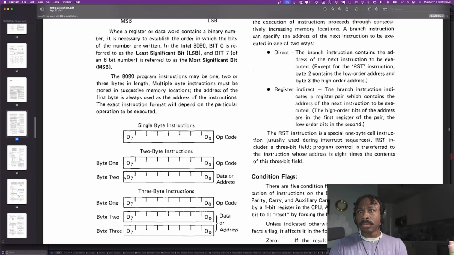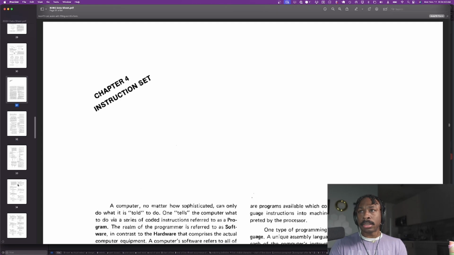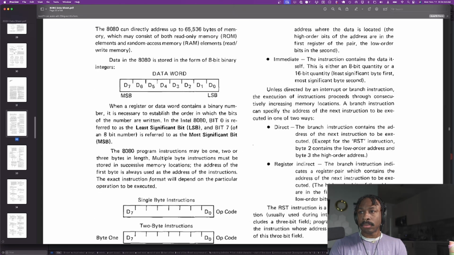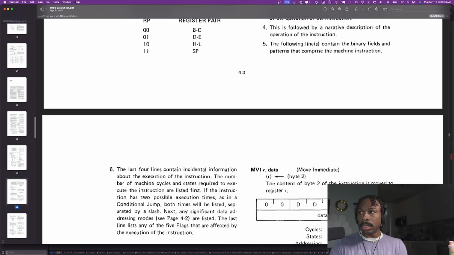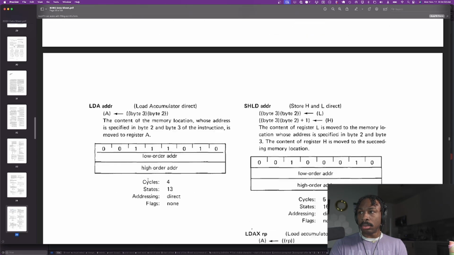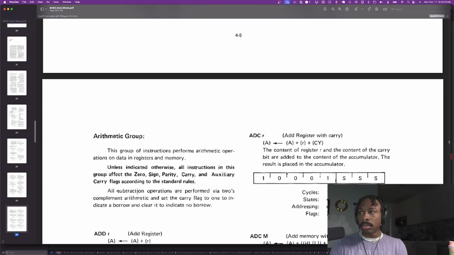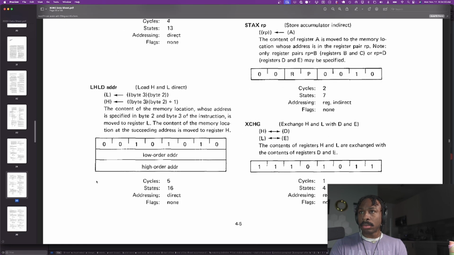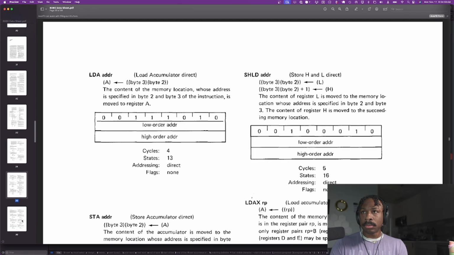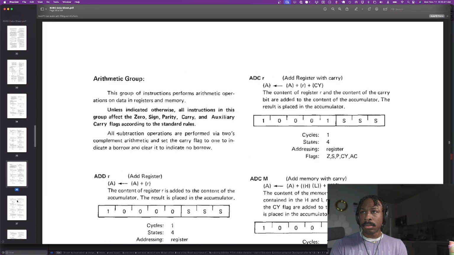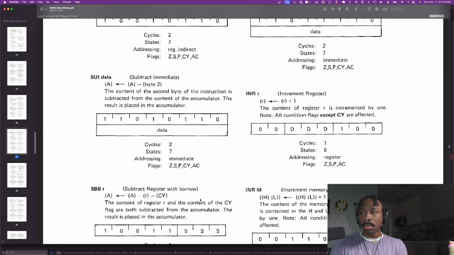So where are we at? Instruction set. We're looking at the F group. What group are we looking at again? Not the data transfer group. Not the arithmetic group.